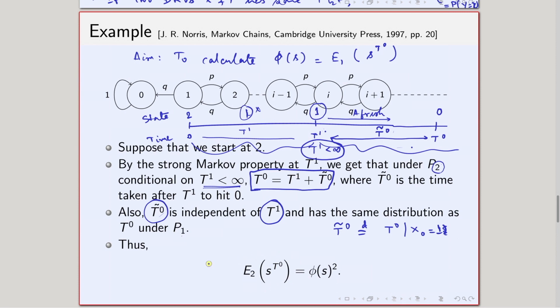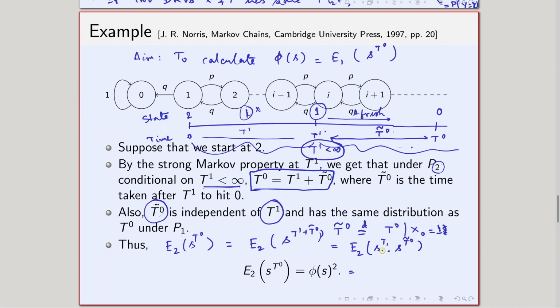So I have the expectation E2 of s to the t naught, and that, very loosely written, can be written as E2 of s to the t1 plus t naught tilde. Okay. Now because these two are independent, I can write it as E2 of s to the t1 into s to the t naught tilde.